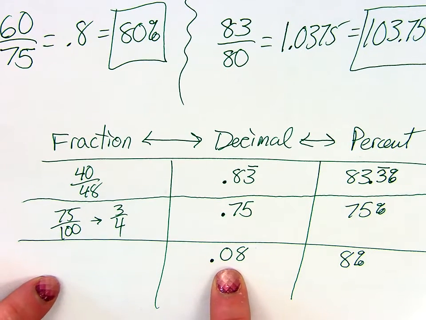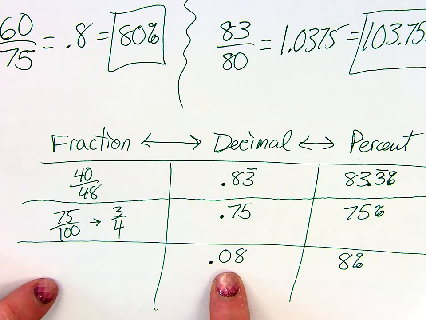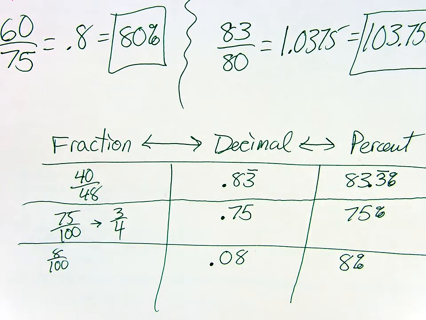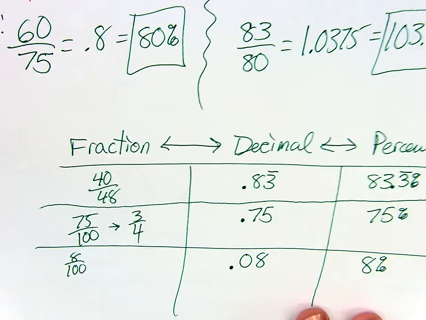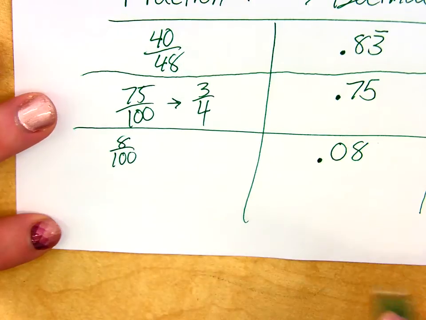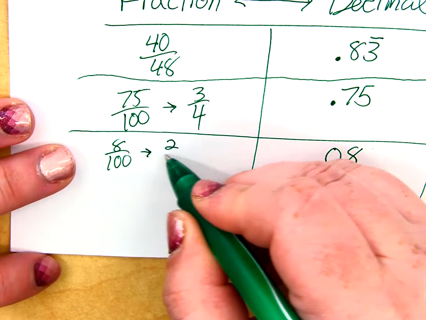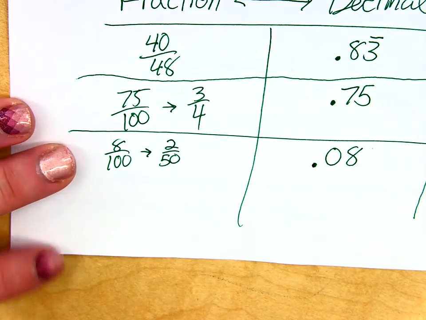Again, if you say that decimal the right way, that's 8/100ths. So 8 over 100. And then all I have to do is reduce that. What number goes into 8 and 100? 4 does. And that goes in 2 over 50. So there would be my fraction.